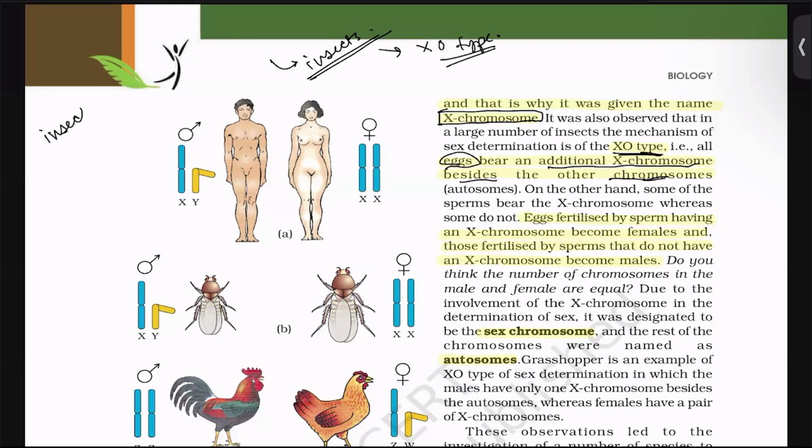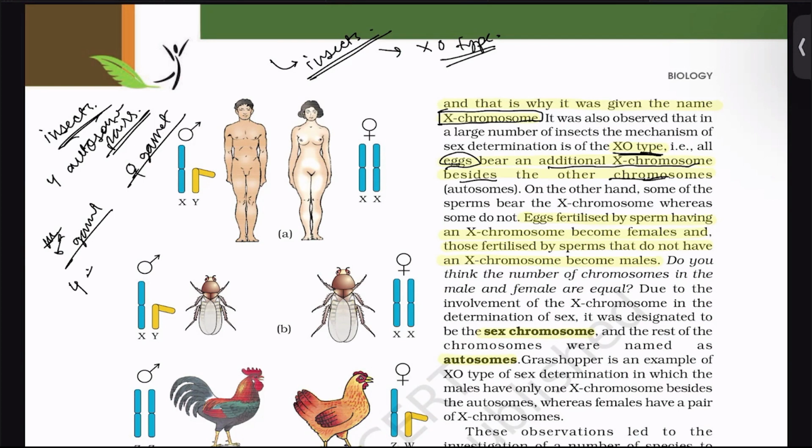So what happens in insects is, suppose there are 4 autosome pairs. So male gamete and female gamete. The male gamete will have 4 autosomes plus 0 sex chromosomes, and the female gamete will have 4 autosomes plus 1 extra X chromosome.